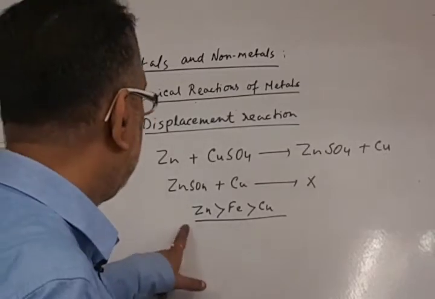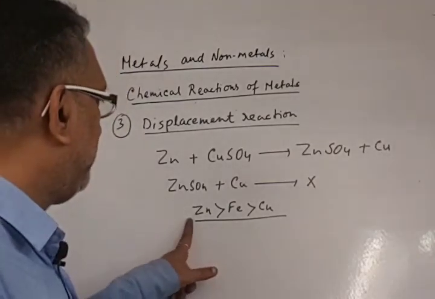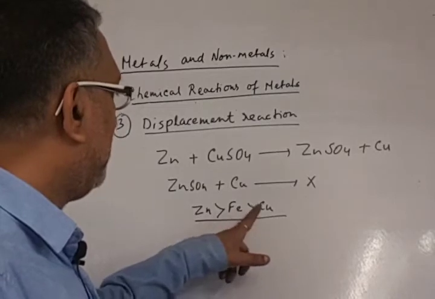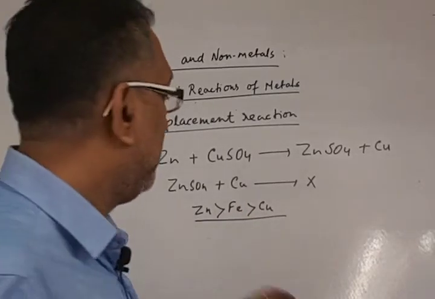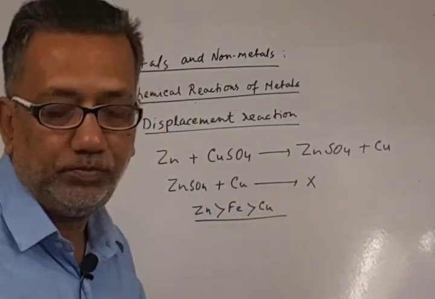So this order is maintained. Those above in the series can replace those below in the series. In this way, this reaction is not possible.